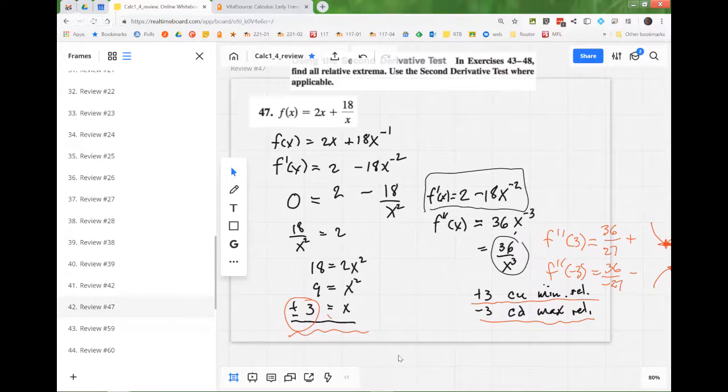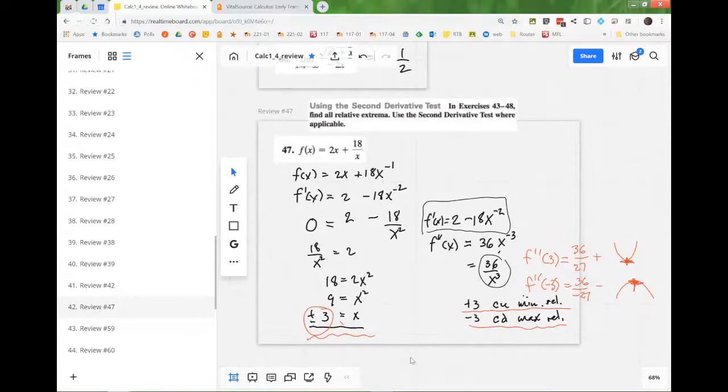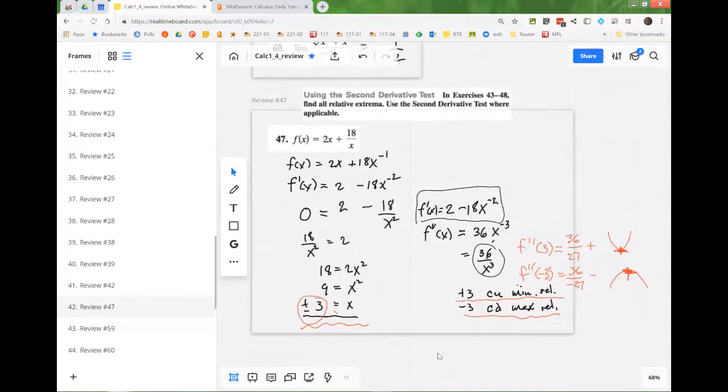Actually, and maybe this is in a different part of the review assignment, there is another use for the second derivative, and that's to find concavity. So if the problem says, what are the intervals of concavity for this? Well, then you've got to go to the second derivative. And so you might as well just go to the second derivative right away.